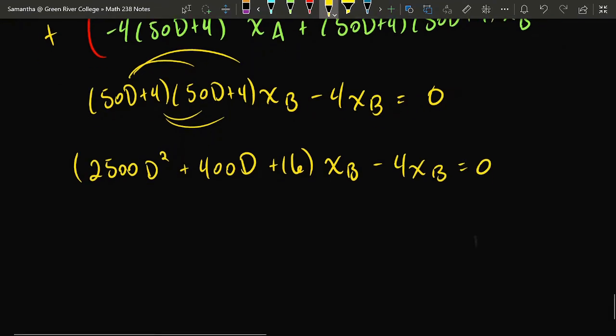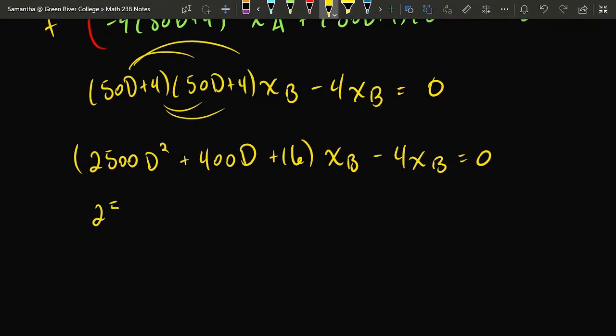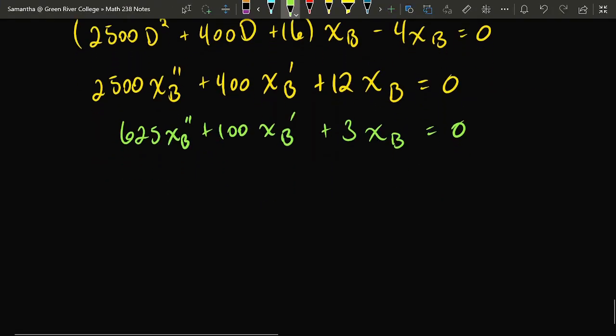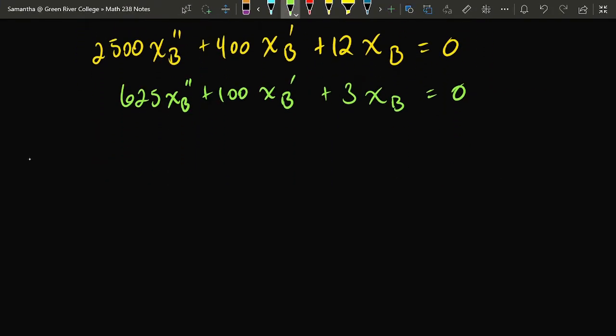And multiplying that through, we can rewrite this as 2500 x sub b second derivative plus 400 x sub b first derivative plus 16 minus 4, so plus 12, x sub b with no derivatives equals 0. I've gone ahead and eliminated that common factor of 4 in all three terms, but there doesn't seem to be much else that can actually be done that would be meaningful.